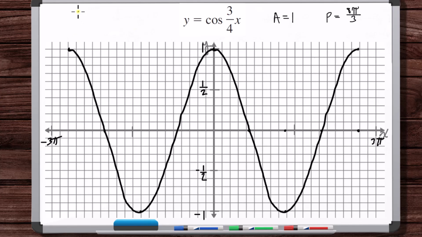Now the frequency is 1 over the period, so it's going to be 3 over 8 pi. The angular frequency is going to be 2 pi over the period, so 2 pi over 1 times 3 over 8 pi, just 3/4.